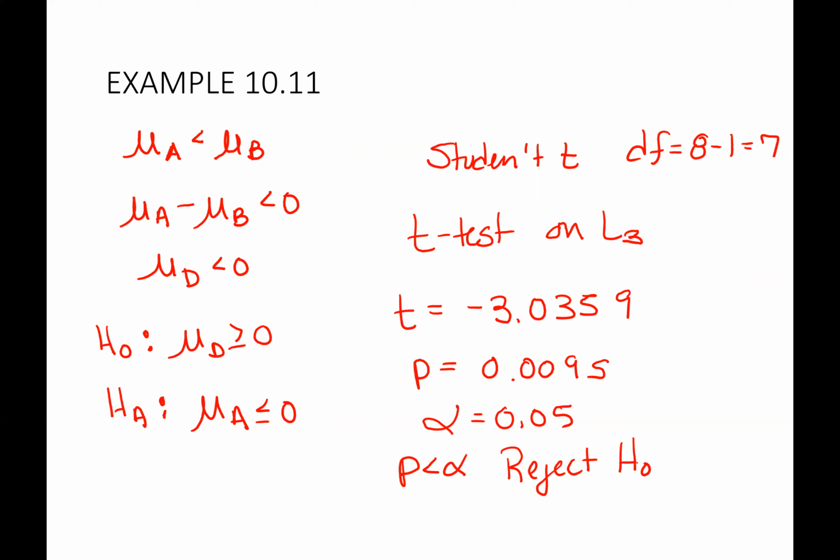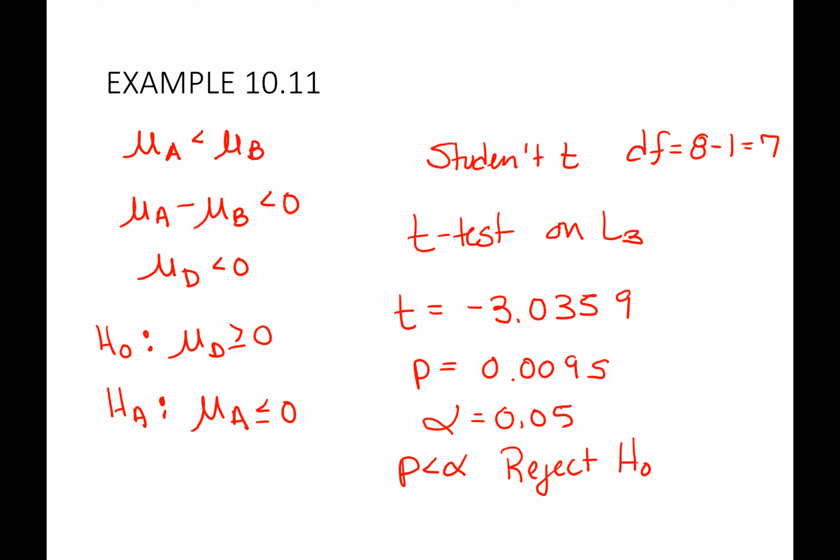The data supports the conclusion that the pain level goes down after hypnosis, because our alternative hypothesis said that after was less than before, or the difference is less than 0. So the pain level is negative because it goes down. So our sample data does support the conclusion that hypnotism works in reducing pain.